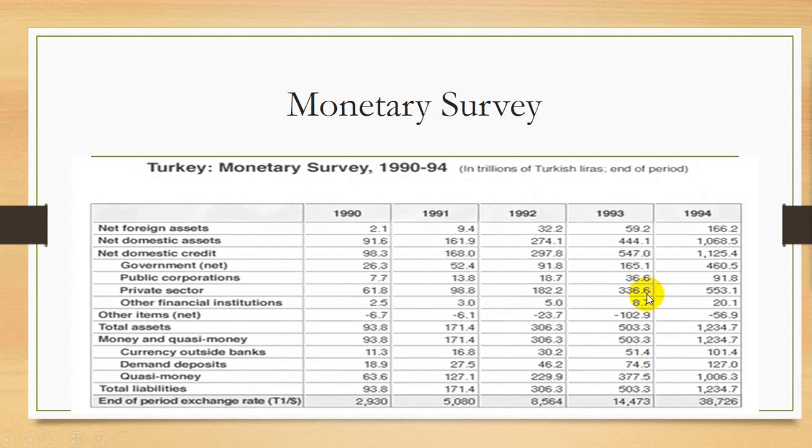This is the shape of the monetary survey. It consists mainly of assets, or total assets, and credits and liabilities.